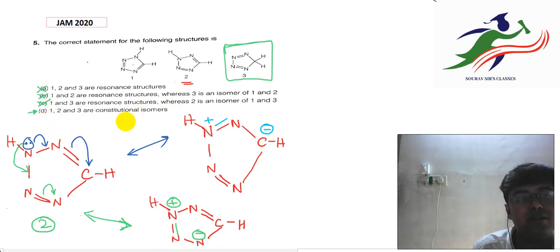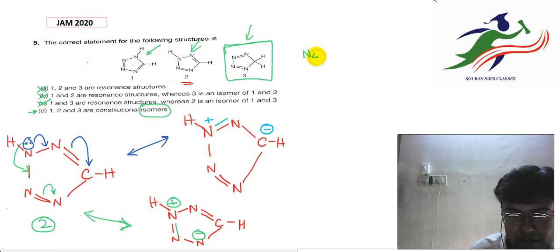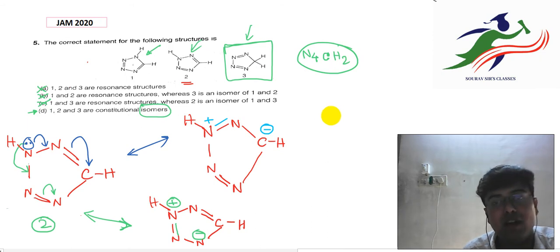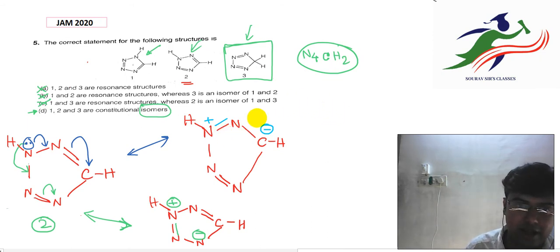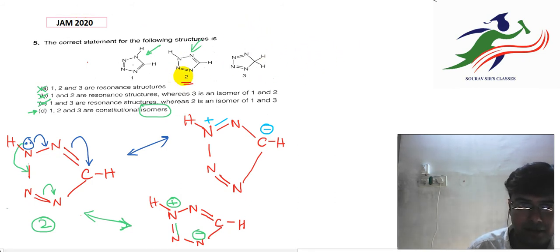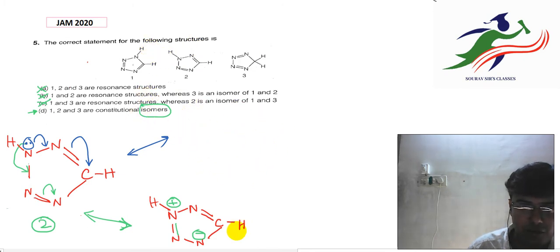It says 1, 2 and 3 are constitutional isomers. We have already seen that these 3 compounds share the same chemical formula, that means CN4H2. But are they constitutional isomers? Let's check that. Before that, let's discuss what is meant by constitutional isomers.